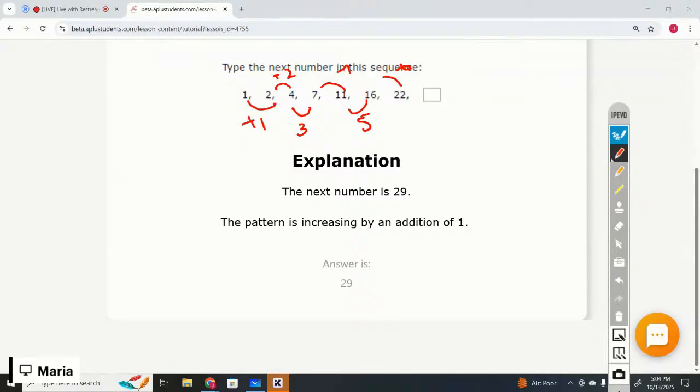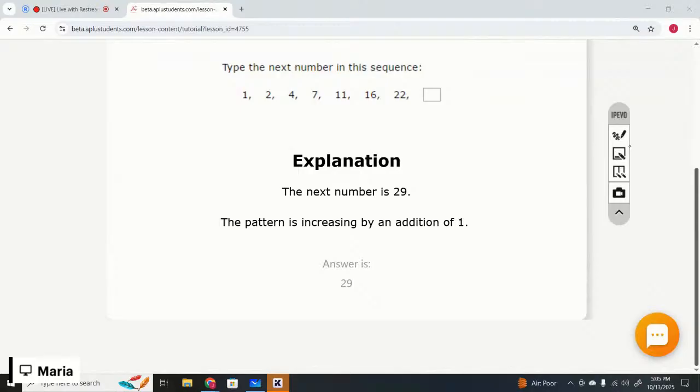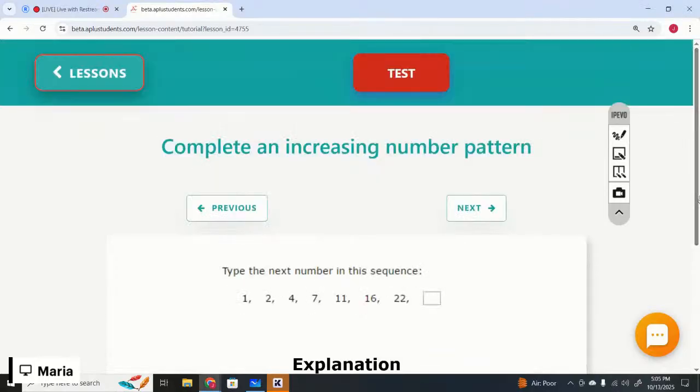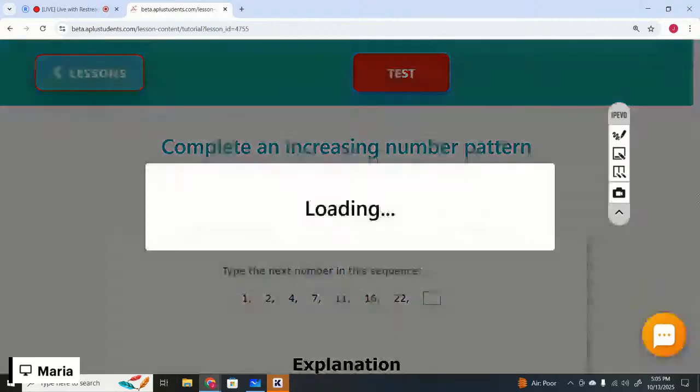So 22 plus 7 makes 29. The answer is 29. Let's just start the questions.